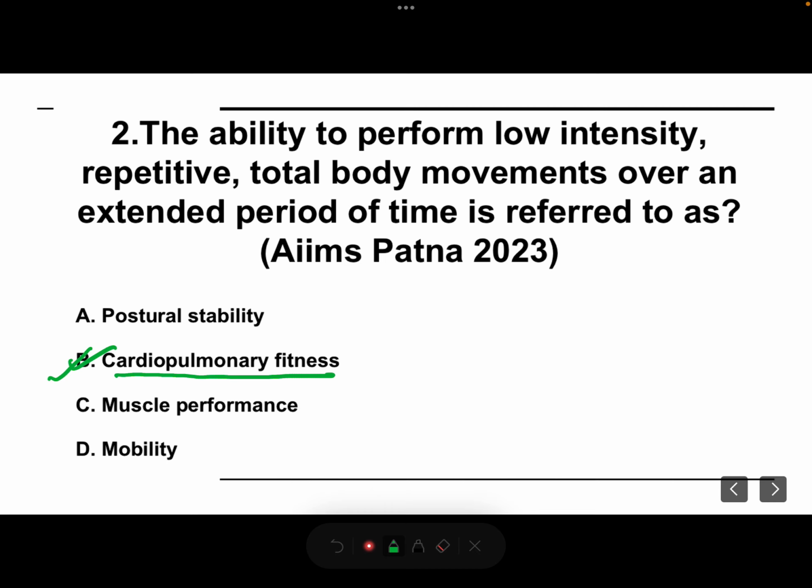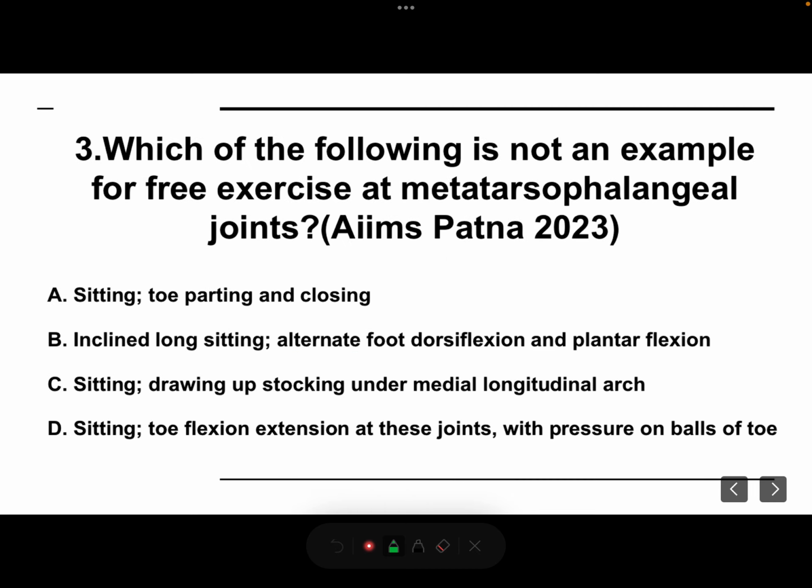So next, we come to question number 3. Which of the following is not an example of free exercise at the metatarsophalangeal joints? Option A, sitting, toe parting and closing. Option B, inclined long sitting, alternate foot dorsiflexion and plantar flexion.